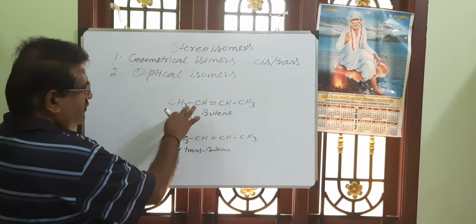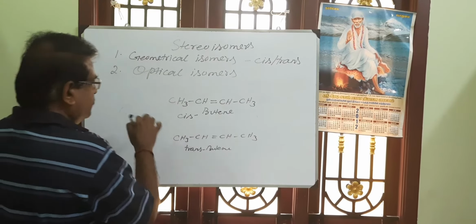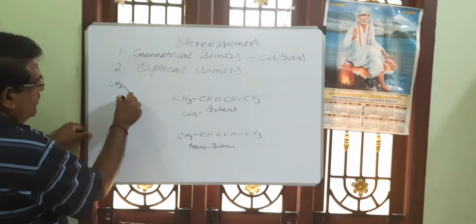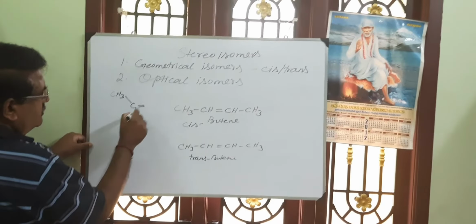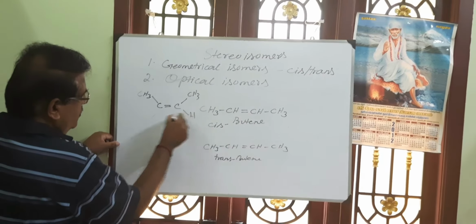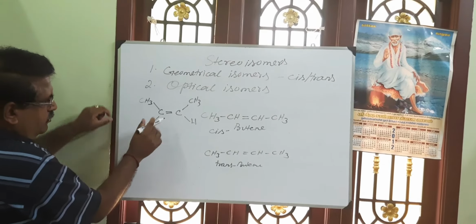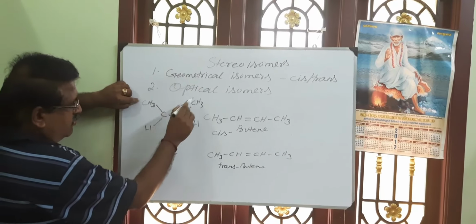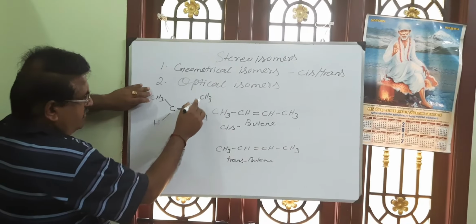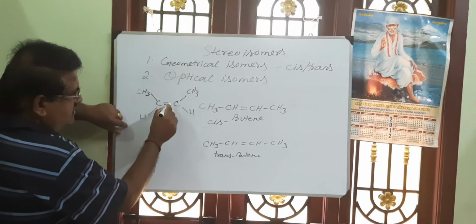Now I will write the 3-dimensional structure. See, CH3, C double bond C, CH3, H, H. These 2 CH3 are on one side, these 2 H on another side. This is above the plane, this is below the plane. So this is called cis.